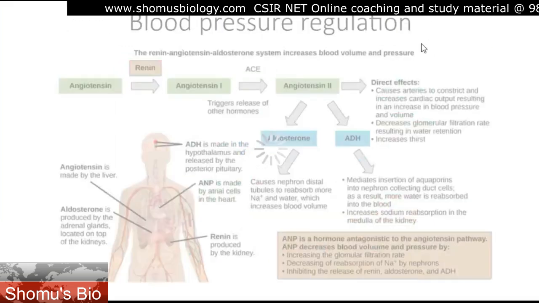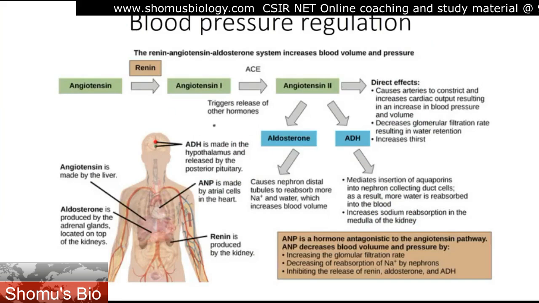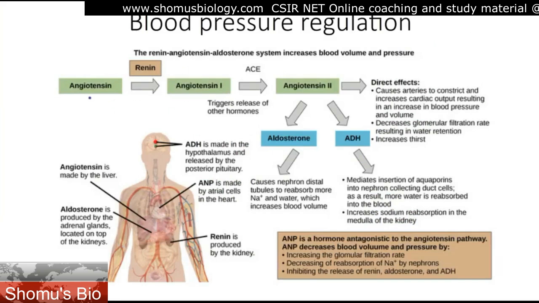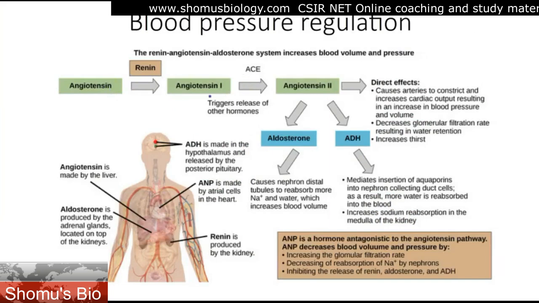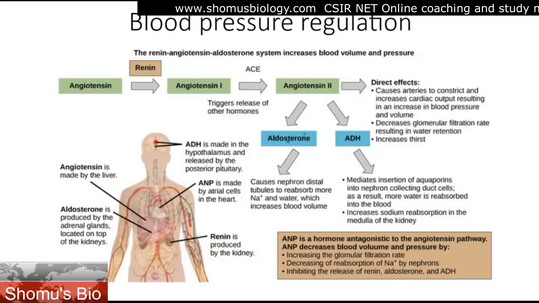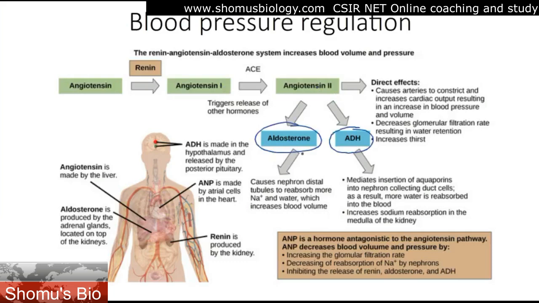Okay, so this is the picture of blood pressure regulation. Renin converts angiotensinogen to angiotensin 1, and angiotensin converting enzyme converts angiotensin 1 to angiotensin 2. Angiotensin 2 also causes the activation of aldosterone and ADH.